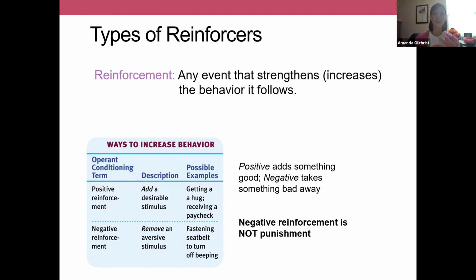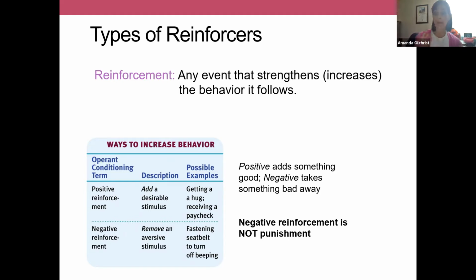And in the future, you're probably going to be more likely to buckle your seatbelt quickly so as not to have to deal with the beeping sound. So negative reinforcement also increases behavior, but it does so by taking something bad away. So positive reinforcement adds something good, negative reinforcement takes something bad away.